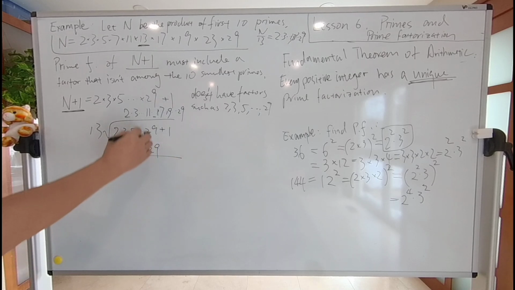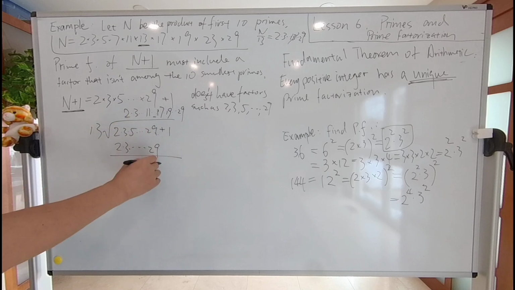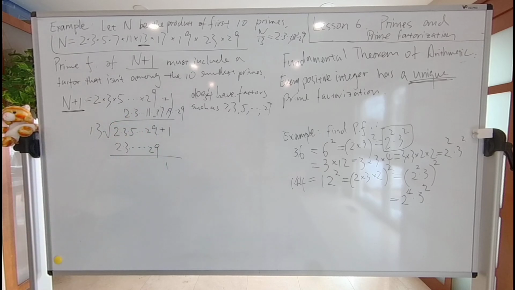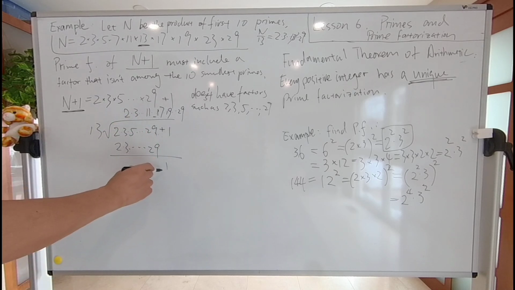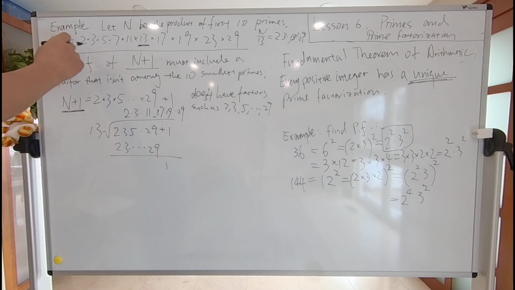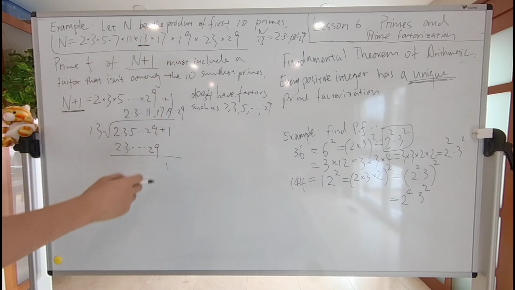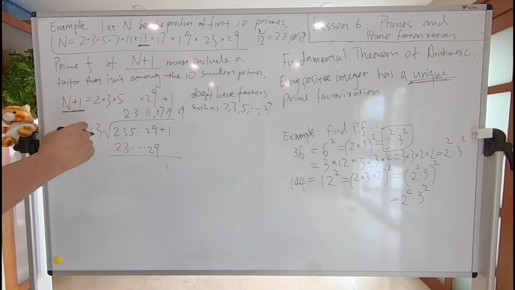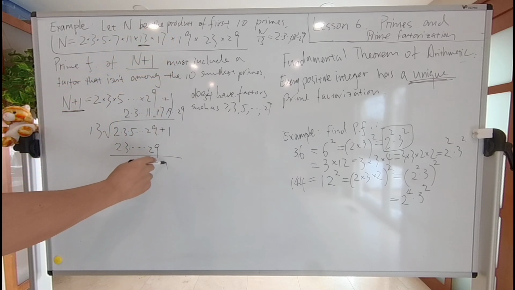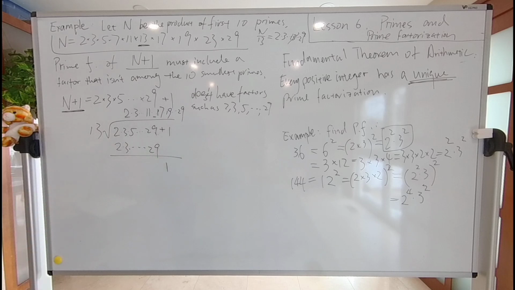And then I take the difference of these two numbers. This is just plus 1 of the original number, so the difference must be 1. So then I have a remainder of 1, and this remainder 1 is smaller than any of the other factors here, which means it is not divisible, such that you have a remainder that cannot be eliminated.